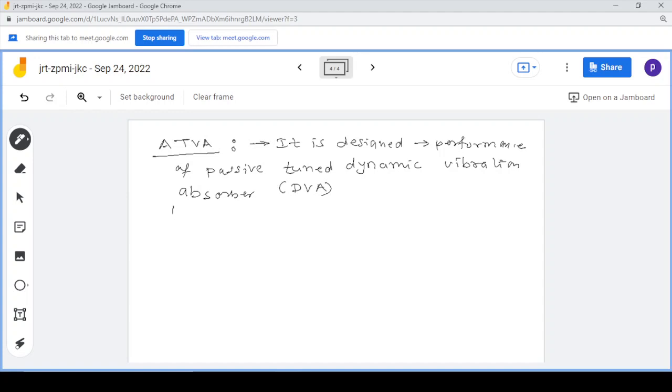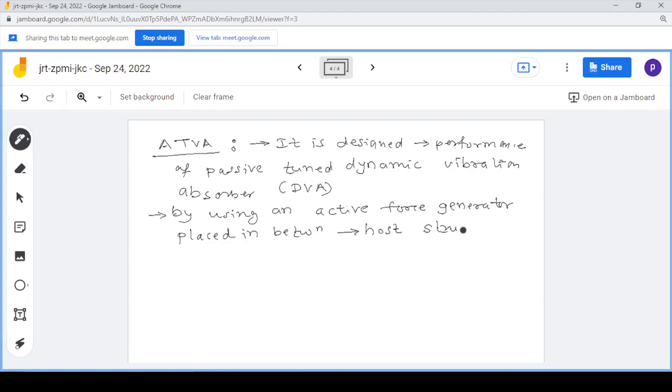Now how it is used? By using an active force generator placed in between the host structure and the secondary mass of the passive DVA.